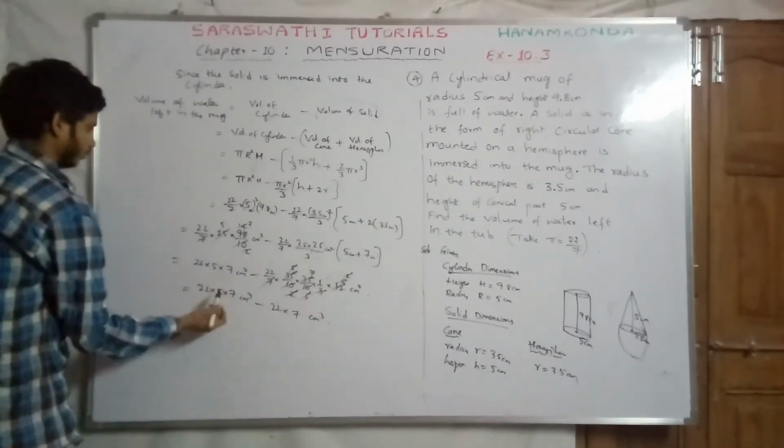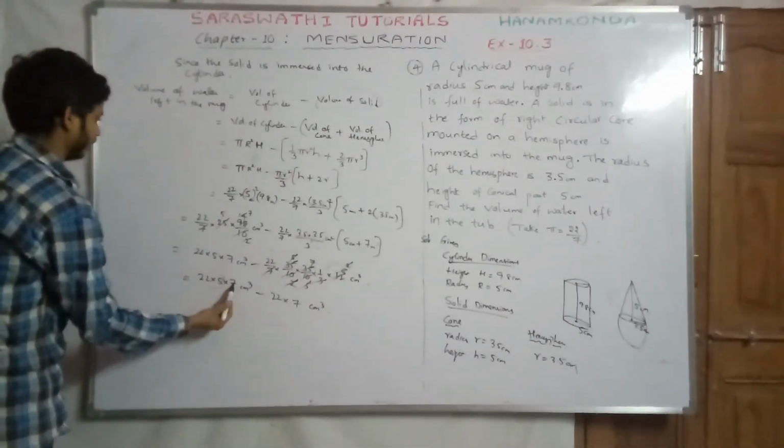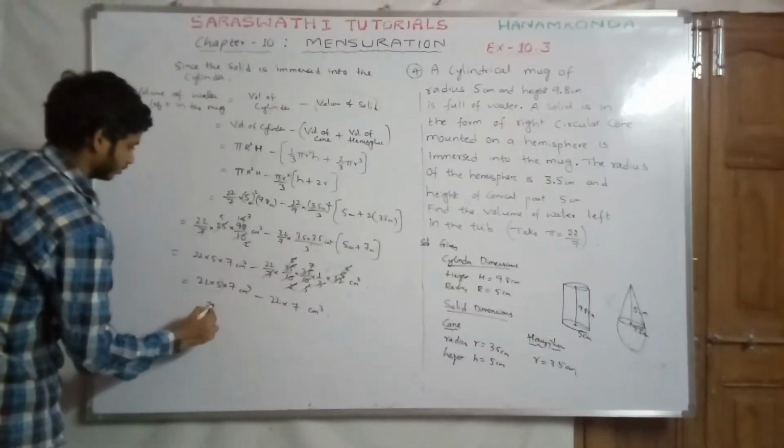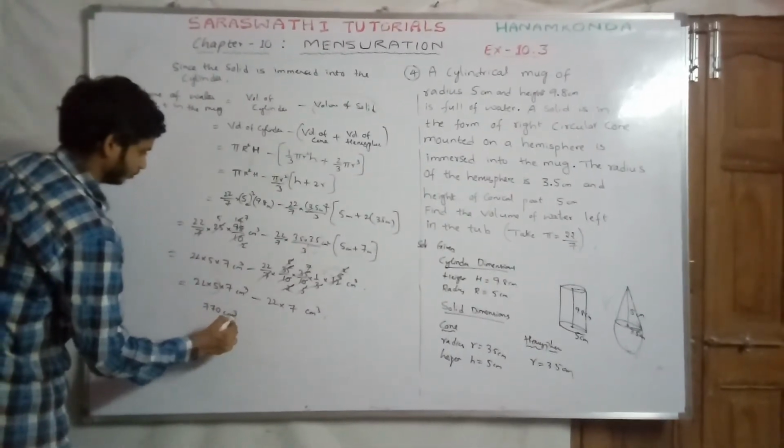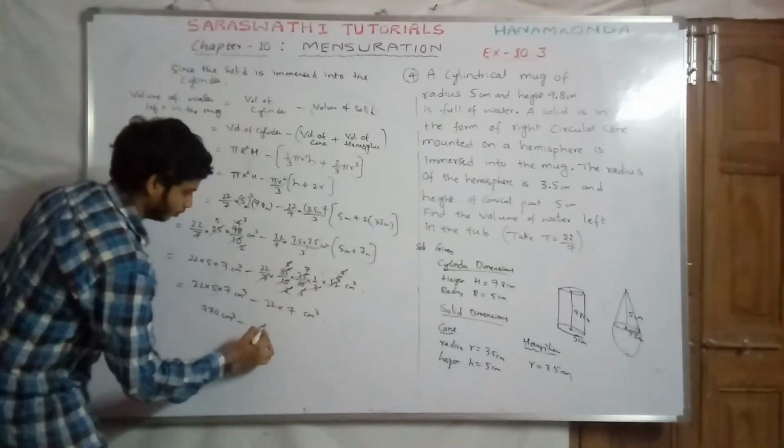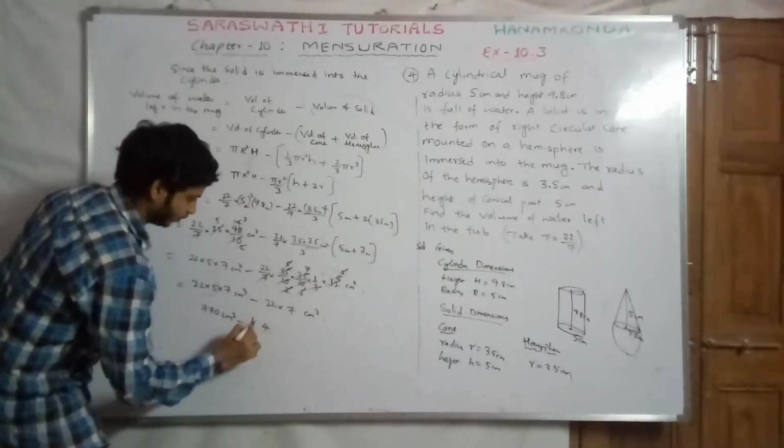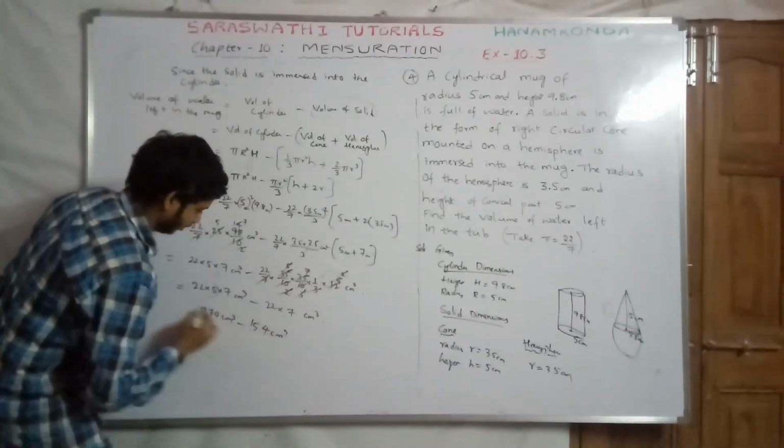So 22 into 5 is 110, 110 into 7 is 770 centimeters cube, minus 154 centimeters cube.